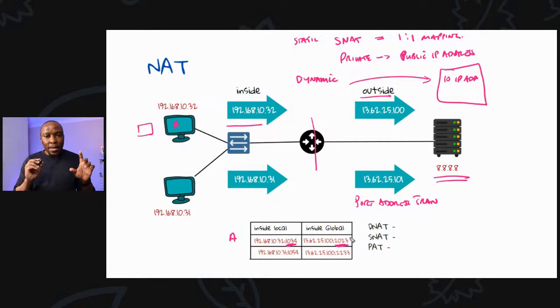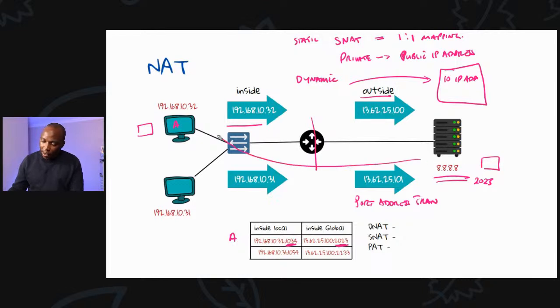The router then puts that information in the NAT table, so that when the return packet comes back with the port of 2023, when the router looks at its NAT table, it's going to find a match and is going to send that packet back to computer A. Computer B is going to be tracked using a totally different port number, and that's how the router is able to have the translations tracked.